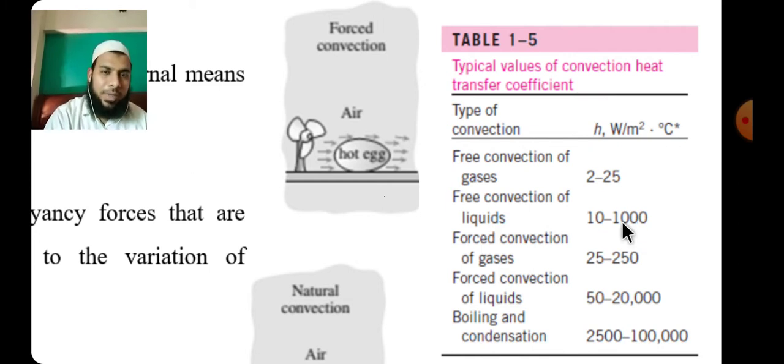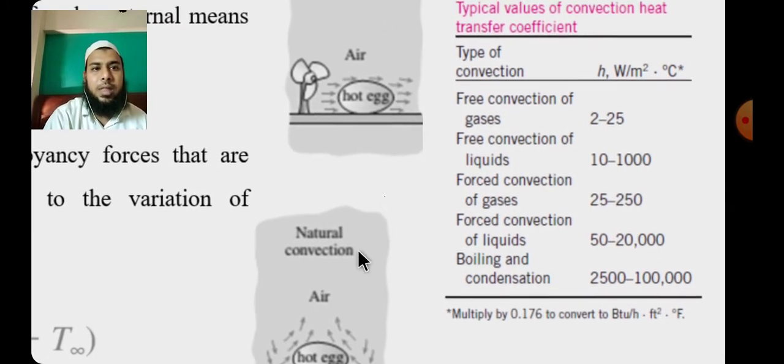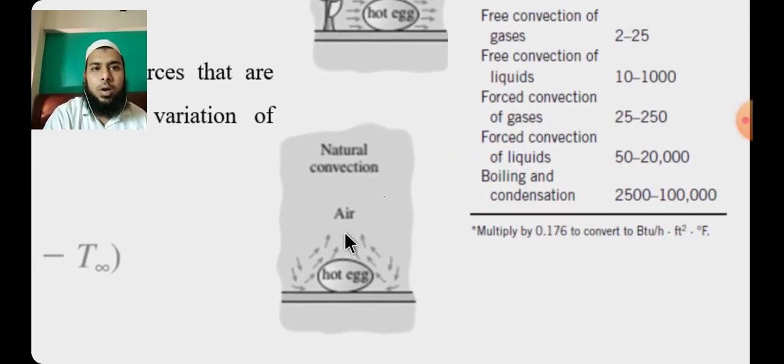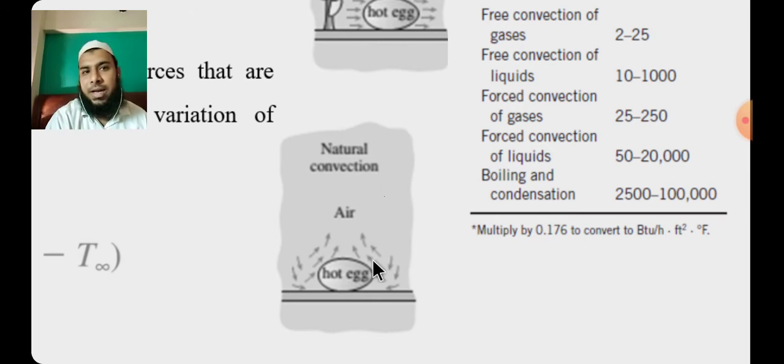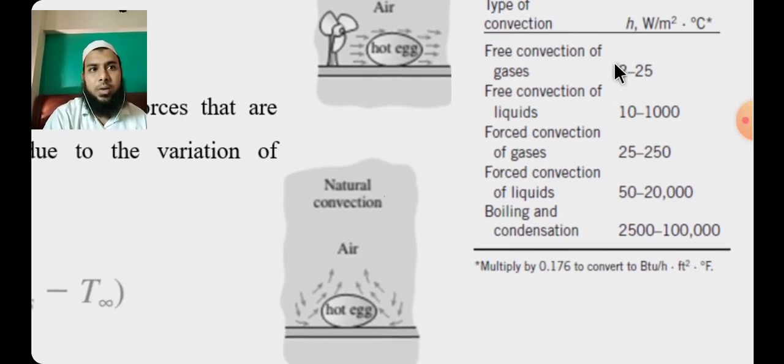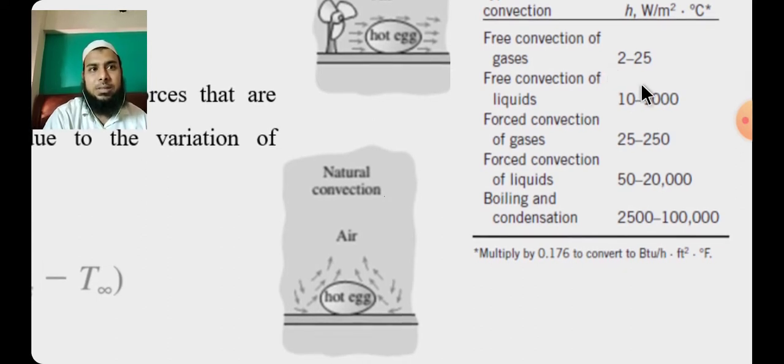So in liquid we have a higher convection heat transfer as compared to gases. We are talking about free convection, where air or water naturally moves upward due to the density difference and removes the heat. So the h value is lower in gases and higher in liquid. Basically, liquids are better heat conductors as compared to gases.